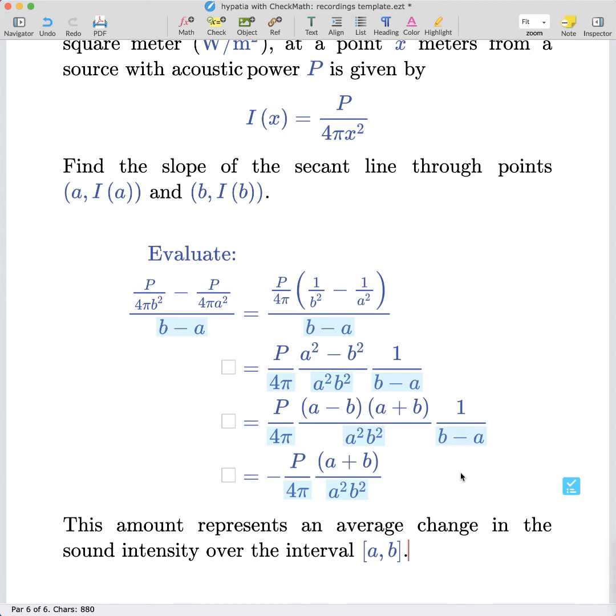And that is our final answer. So this completes our assignment.